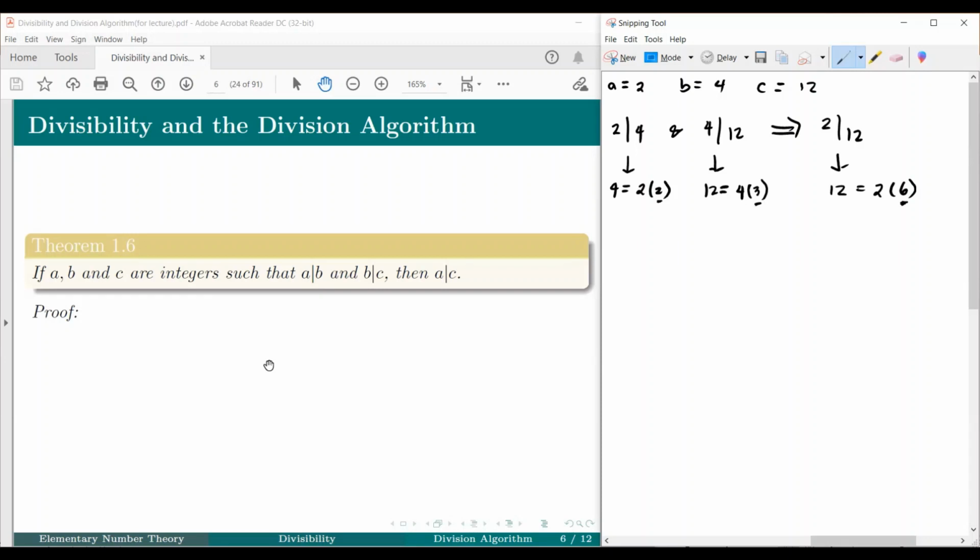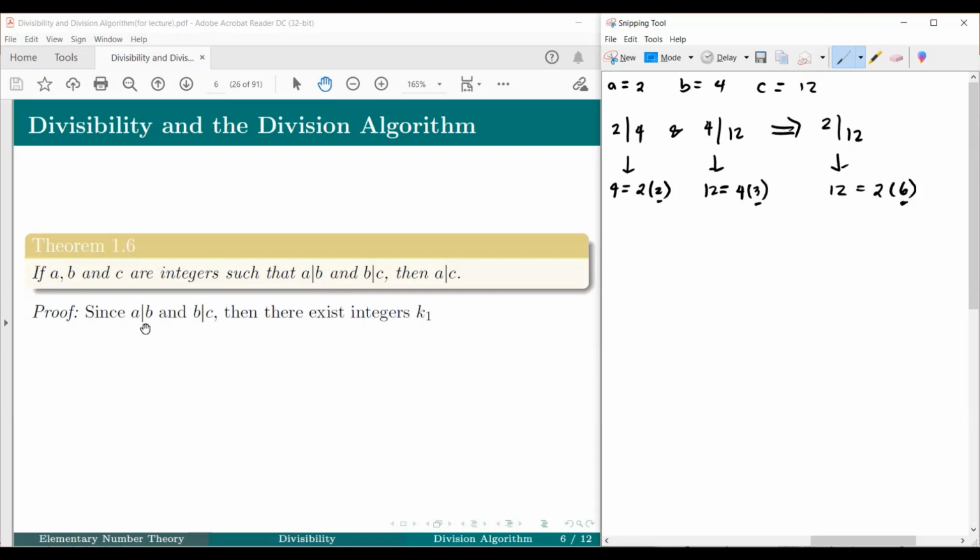So let's prove this theorem. Take note. We have our assumption that a, b, and c are integers such that a divides b and b divides c. Now we're going to show that a divides c. By definition, a divides b means existence of an integer.